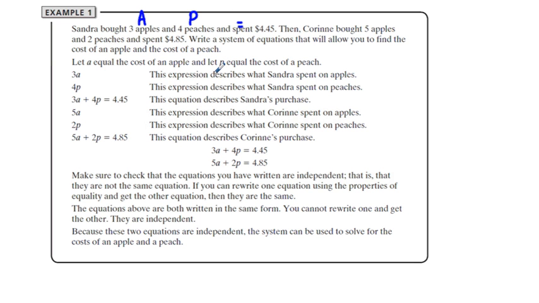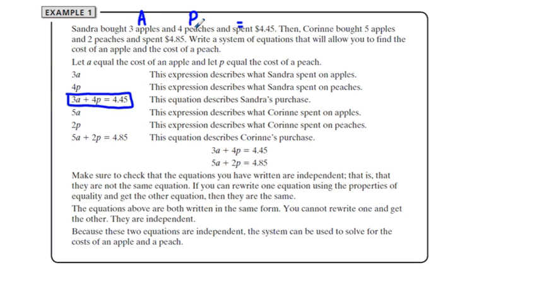On your test, they might just reduce it to X and Y. Here you have 3 apples and 3 peaches, and they spent $4.45. So that's one equation.